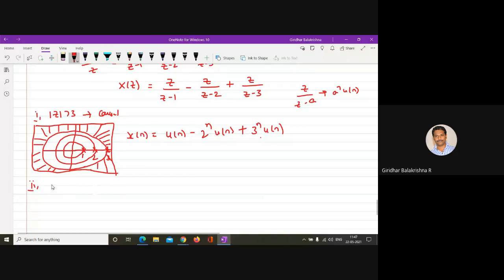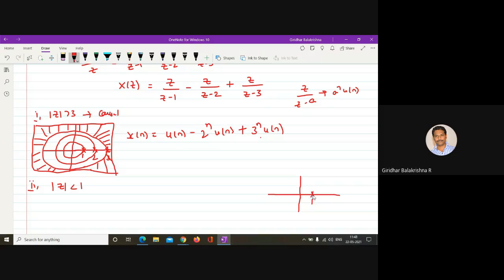Next, second one. What is the second one? Second condition. Mod z less than 1. So I want to draw its ROC. What are the poles we are having?